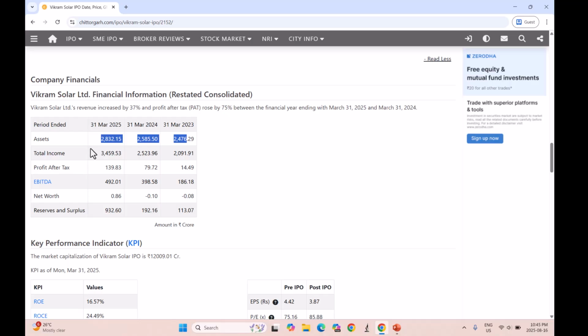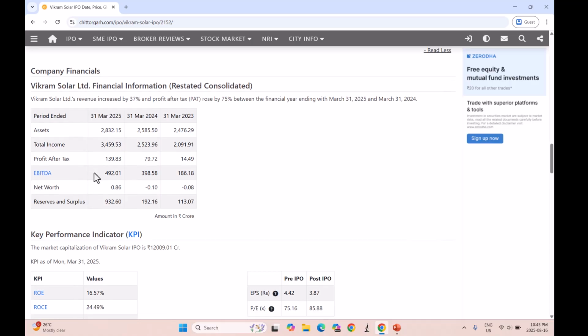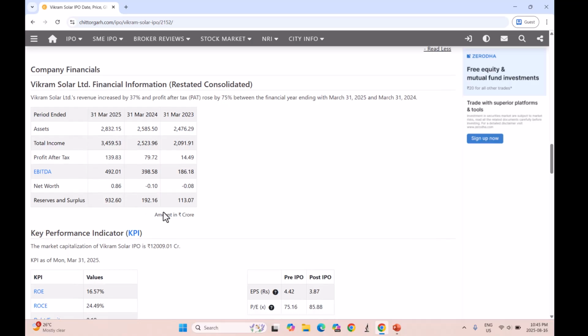Also the total income of the company is growing. The profit after tax of the company in 2023 was 14.5 crore. It has increased to around 80 crore, then to 140 crore. So the profit of the company has increased significantly within this period. That is a positive point for the company. And you can also see that the reserves of the company are also increasing.